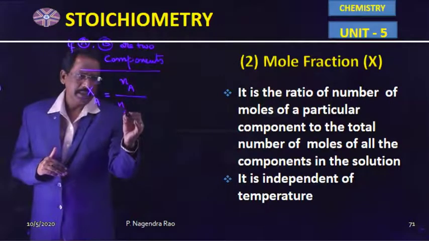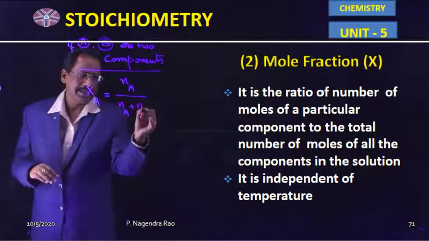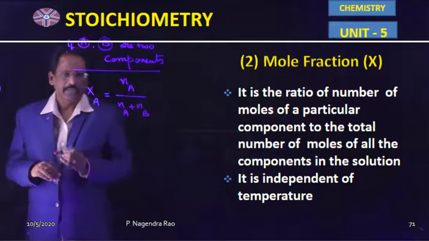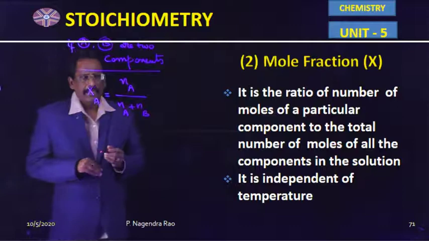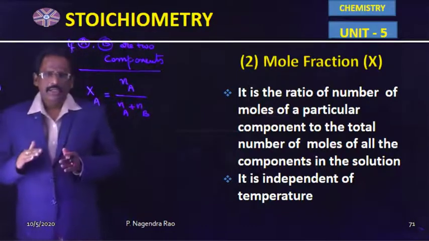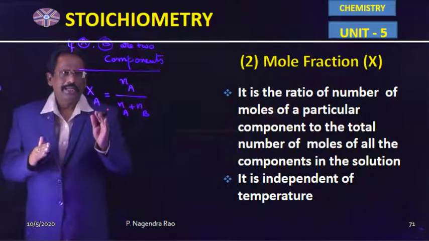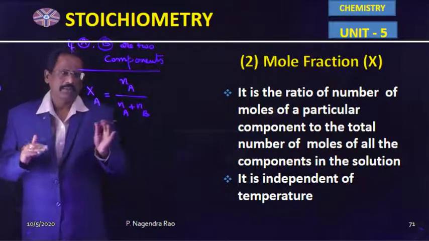That means Na plus Nb, where Na and Nb are the number of moles of A and B components respectively.